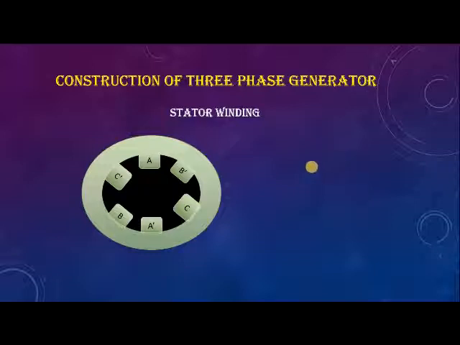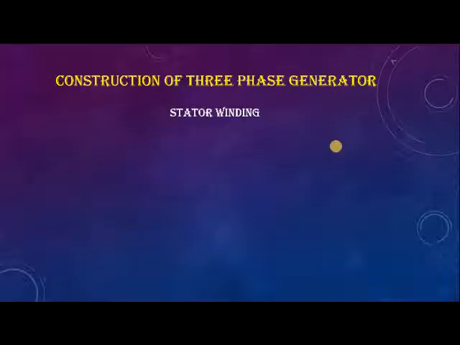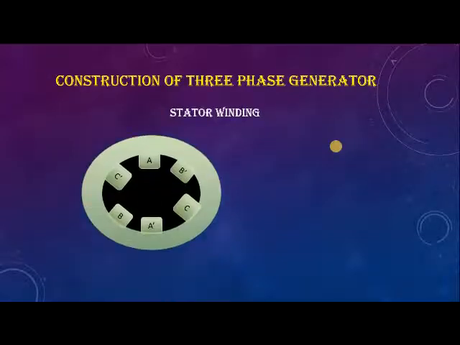I am going to explain only one phase winding, the A phase. One coil has to be placed over the tooth A. So I am placing this copper coil, which has a number of turns, onto the tooth A.